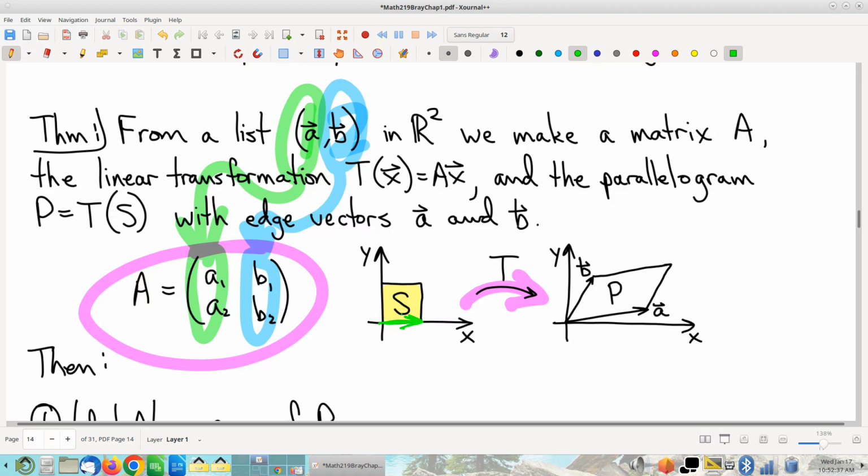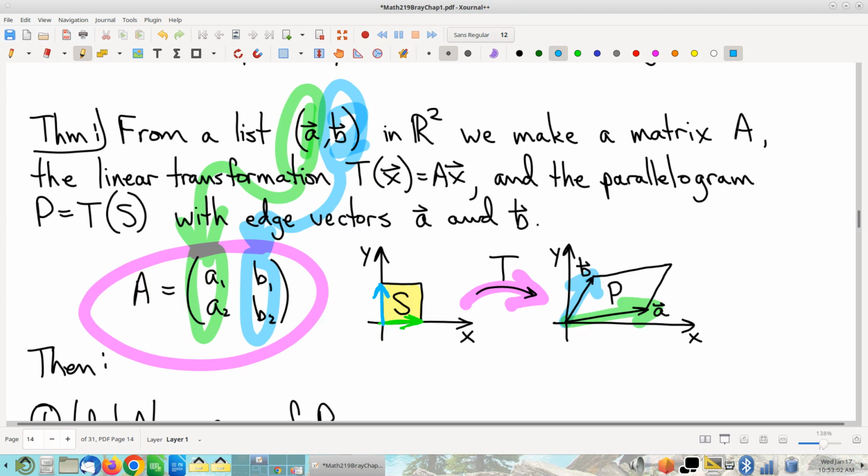A linear transformation takes E1 to the first column, the first vector in the list by setup. Likewise, the second edge vector of the square is E2, and the transformation takes it to the second column, aka the second vector in the list.